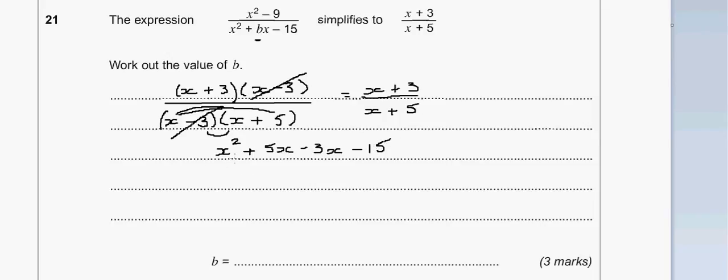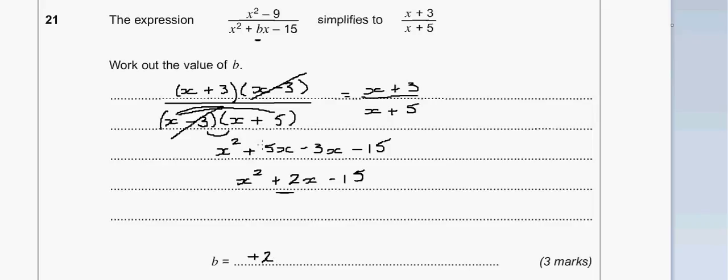So if I simplify this, we get x squared. Now 5x take away 3x is plus 2x minus 15. Now our b value is here. We can say that is 2. So I would just say b equals, now I will put in plus 2 just to make sure that they understand that it's a positive number.